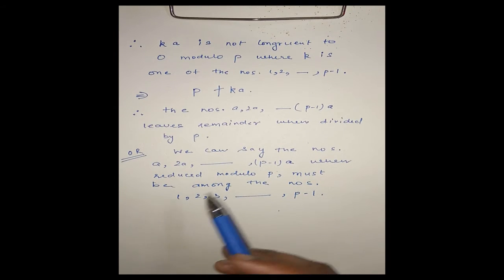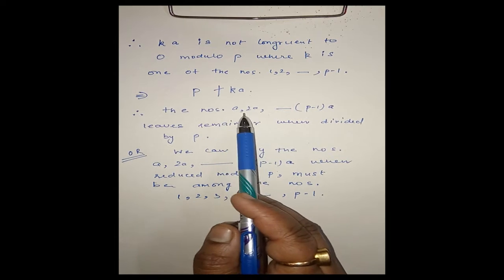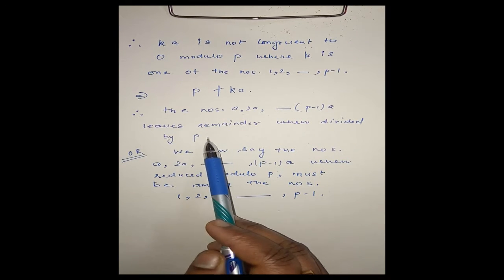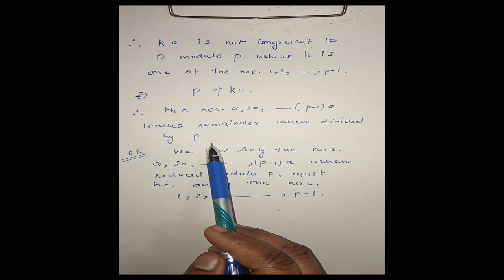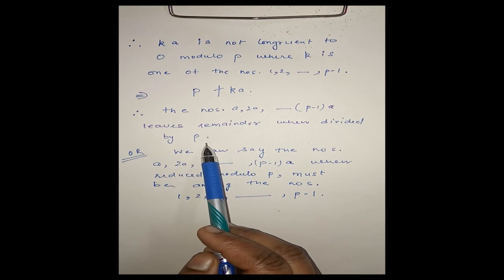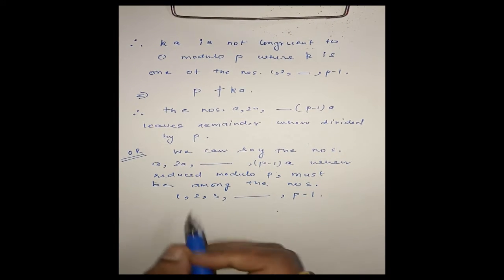When we divide these numbers by p, we have some remainder, and the remainder will be among 1 to p minus 1. That is clear. Okay.